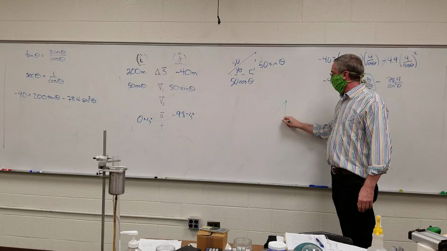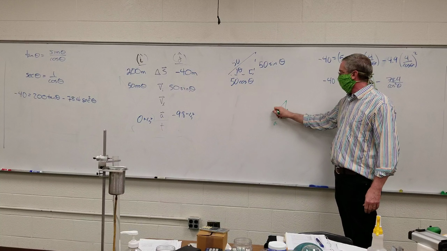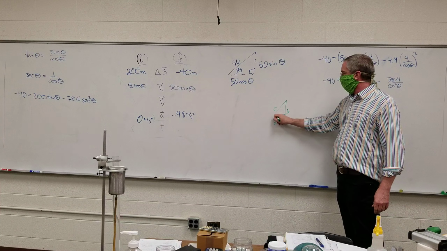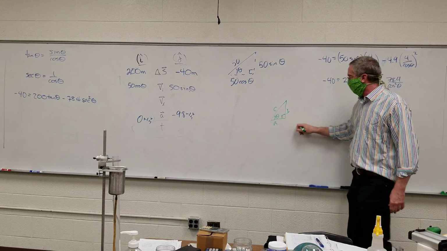All right, so given a triangle here, given A, B, and C, that's a right angle, this is some angle theta. The sine of theta would be B over C, and the cosine of theta is equal to A over C.